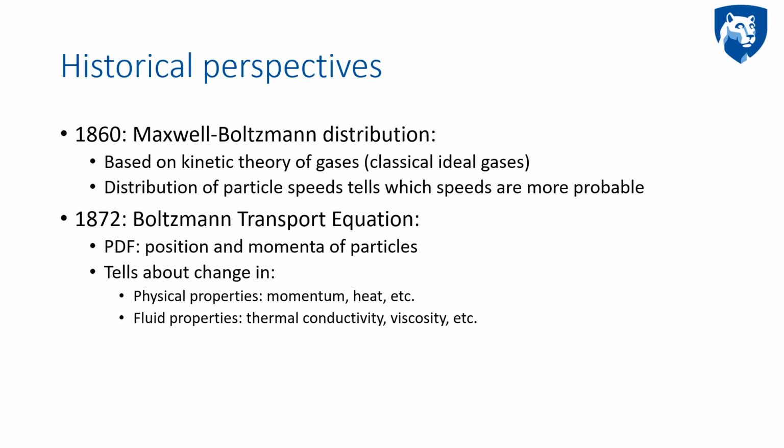In 1872, we had the Boltzmann transport equation, which gives probability distribution functions of position and momenta of particles, which tell us about the physical and fluid properties of the system, such as momentum, heat, etc.